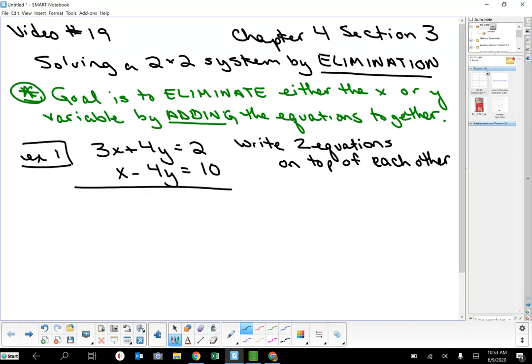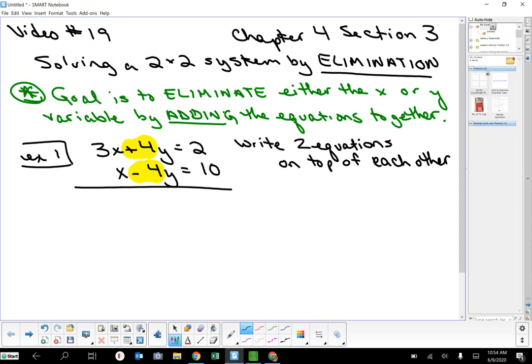Okay, and so your goal, again, is to be able to eliminate by addition, which means the coefficient has to be exactly the same number with exactly the opposite sign, right? One needs to be positive, one needs to be negative, so that when you add down, they eliminate.